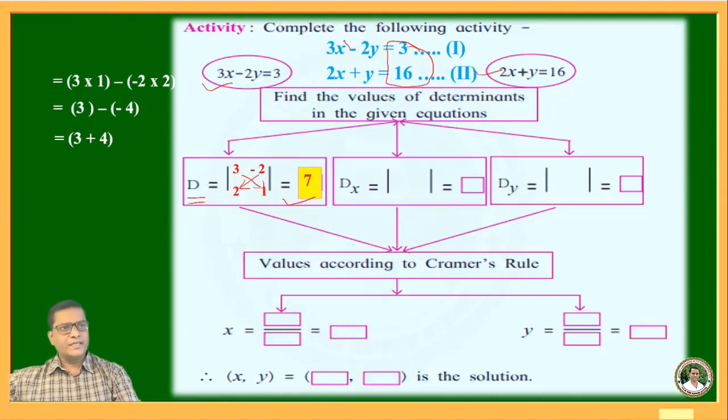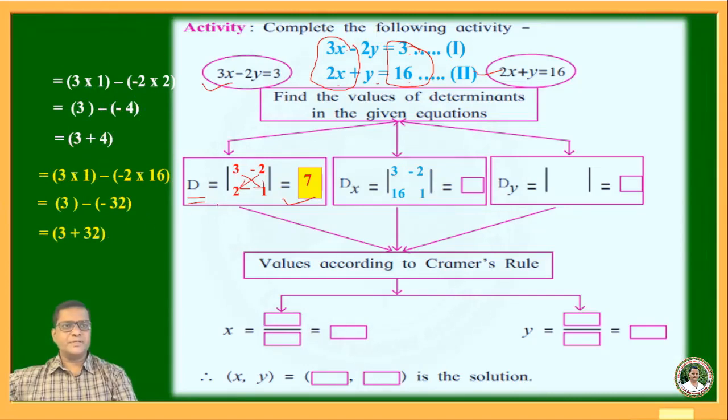For writing the determinant dx, we are eliminating the coefficients of variable x and instead write these constants c1 and c2, means 3, 16, minus 2, 1 are the rows of the determinant dx. Simplify this, means 3 into 1 minus minus 2 into 16. 3 ones are 3, 16 twos are 32, minus plus, that is 3 plus 32 is 35. Here in this box the answer will become 35.